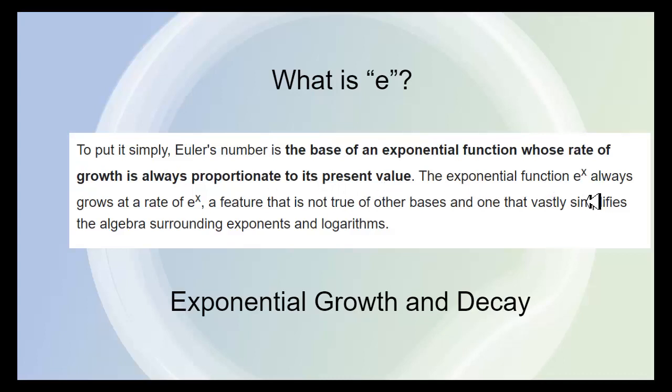The exponential function e to the x always grows at a rate of e to the x, a feature that is not true of other bases and one that vastly simplifies the algebra surrounding exponents and logarithms. Okay, so you don't actually need to know what this is. I thought for completeness I should read this, but really E is related to exponential growth and decay.